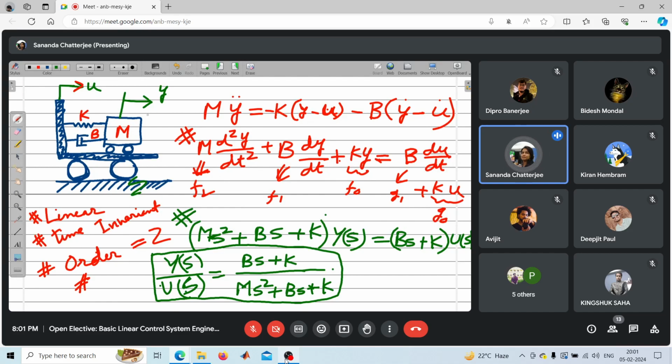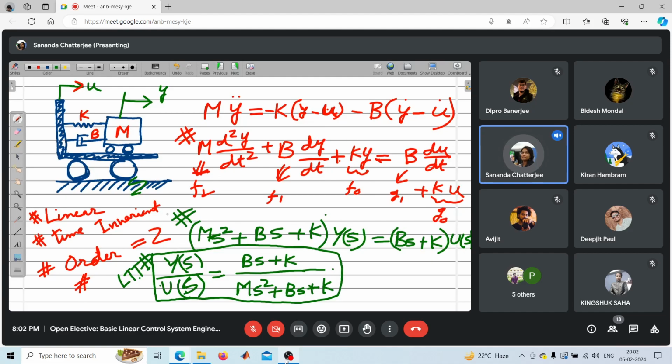This is a special mathematical representation of systems that are linear, time invariant in nature, and this analysis is for only LTI systems with zero initial condition. So the first assumption is it should be LTI, and the second is the initial condition should be zero.